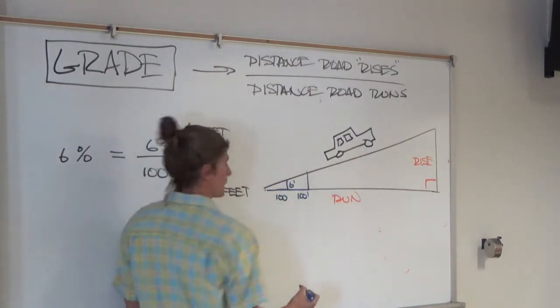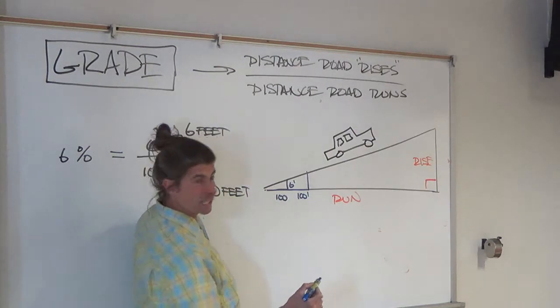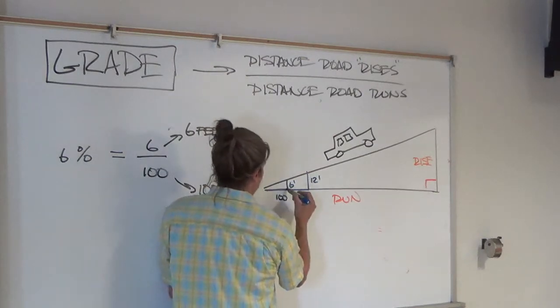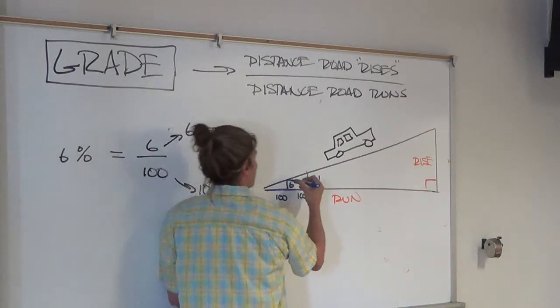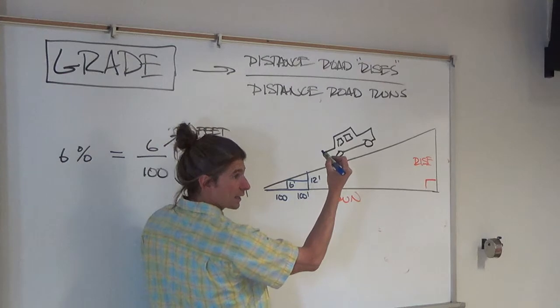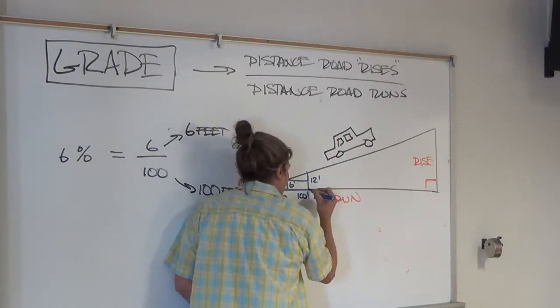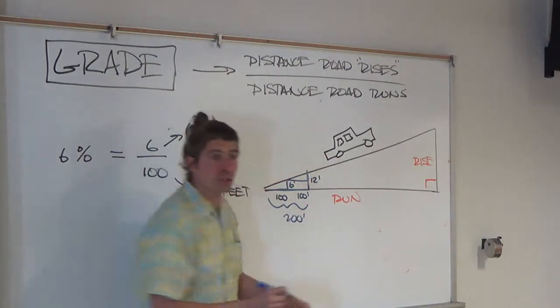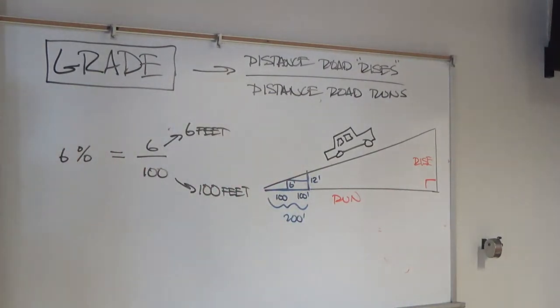What's that going to be? That's going to be 12 feet, isn't it? Because using our argument from earlier, you've gone 106. That means you'd have to go another 106 again. Or, conversely, just go out the full 200, and you'll have risen 12, which is the same thing as 6 over 100.